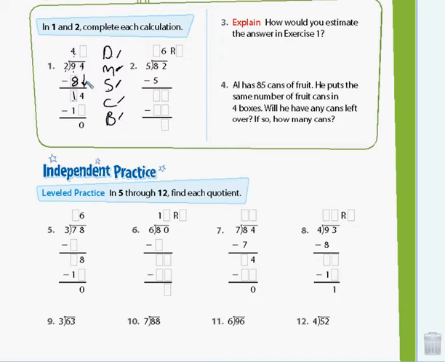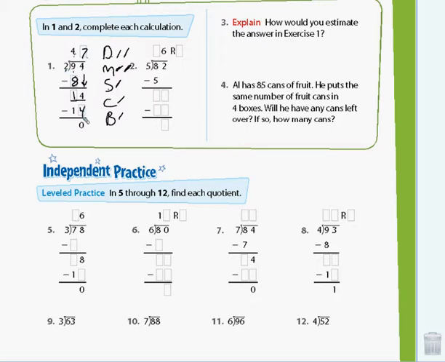Now we've got to go through the steps again. The next step I'm going to do is to divide. I'm going to see how many times 2 goes into 14. I know 2 times 7 is 14, so 2 will go into 14 7 times. The next step is to multiply. I'm going to multiply the answer from my last step, 7 times 2, and that gives me 14.